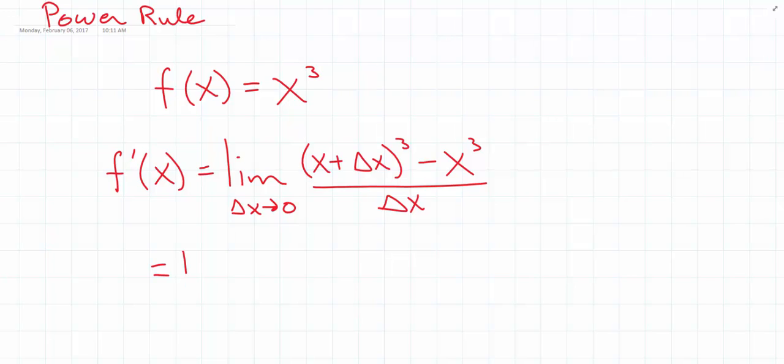what you're going to get is x cubed. The coefficients for cubed are 1, 3, 3, 1. So you're going to get x cubed plus 3x squared delta x.